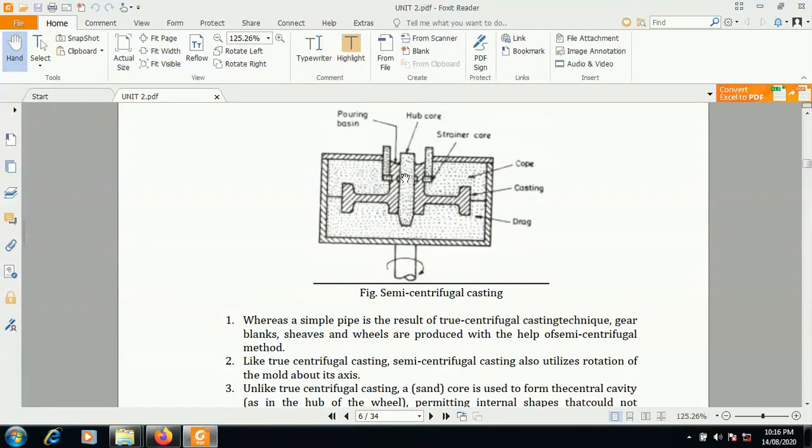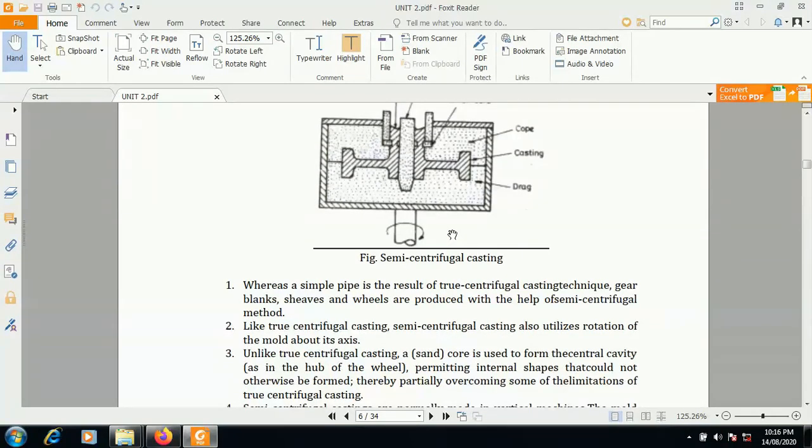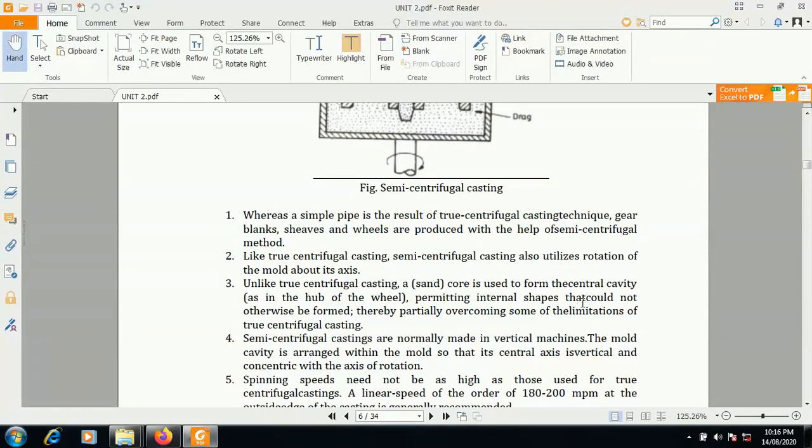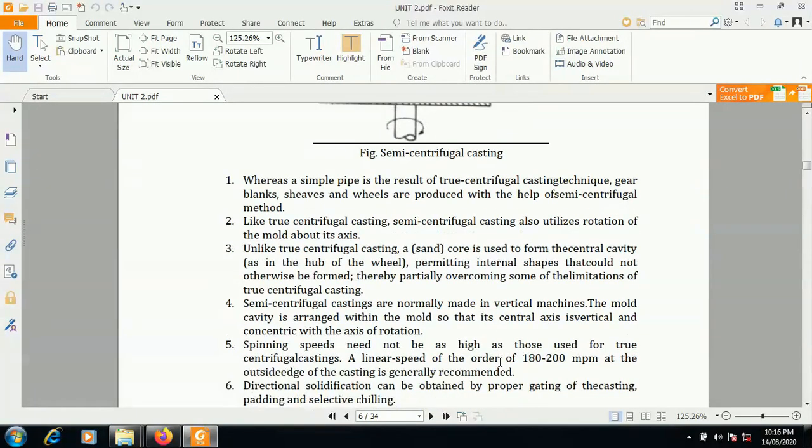This hub core is used to prepare the central cavity, and it is again used to have internal shapes that are not possible by other methods. Semi-centrifugal castings are normally made in vertical machines. The mold cavity is arranged within the mold so that its central axis is vertical and concentric with the axis of rotation.